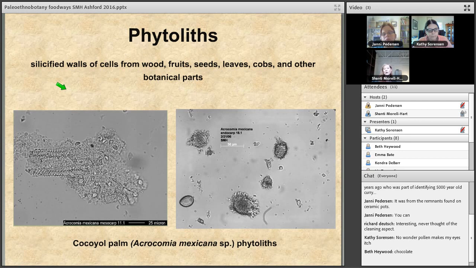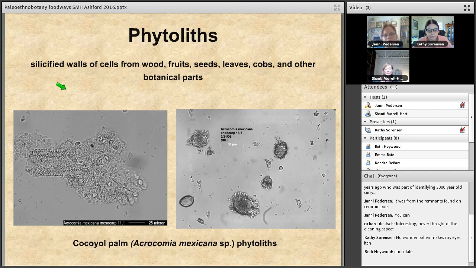Others are very nondescript. So I have two images here. The one on the left, very nondescript kinds of phytoliths that you find in many, many different kinds of plants. But the ones on the right are what we would term diagnostic. And these are massive phytoliths, still not visible to the naked eye, that come from the endocarps, the inner part of the fruit of the cocoyol palm.